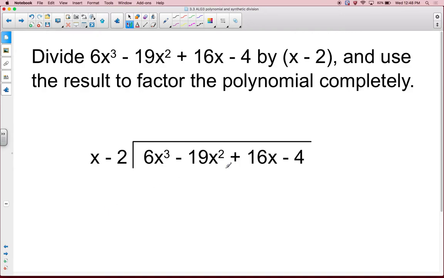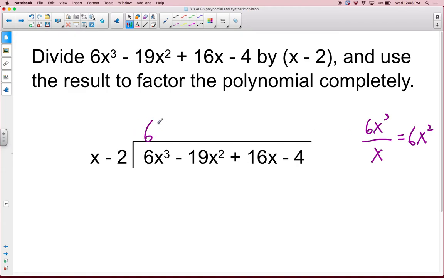So when we're dividing these, we set it up the same way as when we just had numbers. Okay, so we're going to start by taking the first term, 6x cubed, and dividing it by the first term on the outside. Okay, the first term in the dividend divided by the first term in the divisor. We get 6x squared.